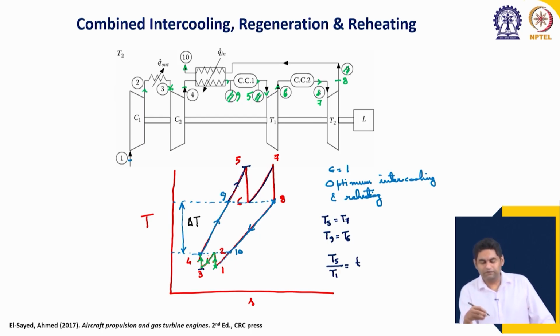So, although this becomes very bulky, there are some drawbacks, that this has all the different components. We have a bulky intercooler, then we have 2 combustion chambers, 2 turbines, 2 compressors, then a regenerator, which is again another large heat exchanger.